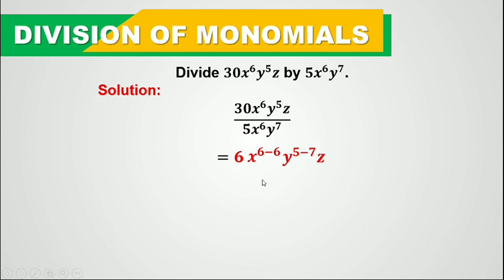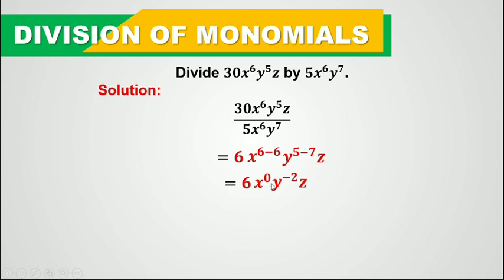And then we're going to simplify the exponents of these variables. So copy 6. x, 6 minus 6, that's 0. So that's going to be x to the power of 0. And then y, 5 minus 7, that's negative 2. And then just copy z. And you have to take note, you have to recall that according to the laws of exponents, when the exponent of the variable is 0, that indicates that its value is 1, as long as the value of x is not equal to 0.